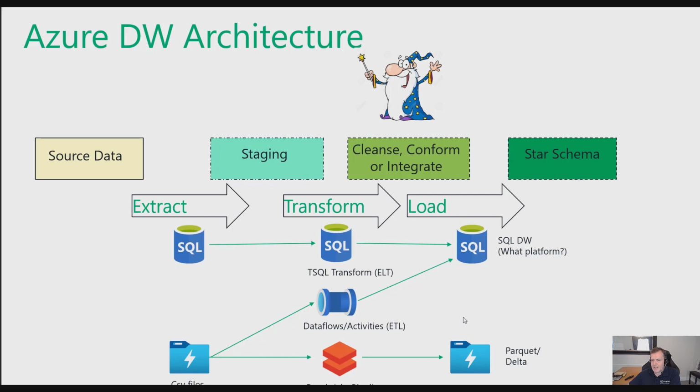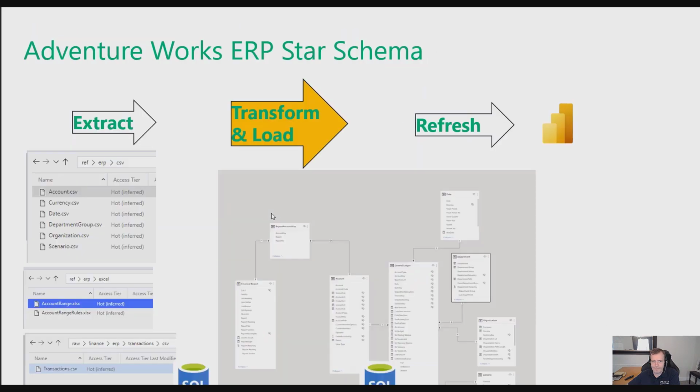Regardless of what tech stack you're using, the process is the same: extract, transform, and load. Okay, so we're going to be covering SQL-centric. We won't be covering Spark or Databricks or anything like that. It's all going to be inside a dedicated pool. So as soon as we get our data extracted into the SQL pool, we don't need any other tools in order to automate it. We have everything that we more or less need, right?